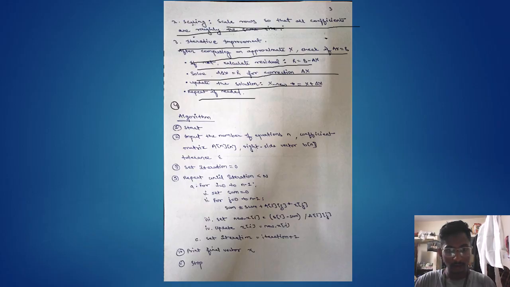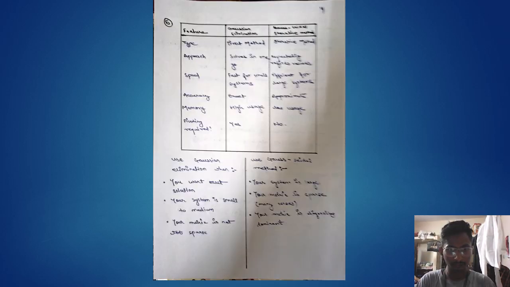Loop i from 1 to n, set sum to 0. For j from 1 to n, j not equal to i, sum equals sum plus a[i][j] times x[j]. Update x[i], set iteration equal to iteration plus 1. Print the final vector x and stop.